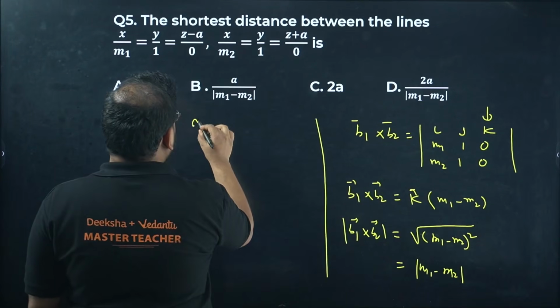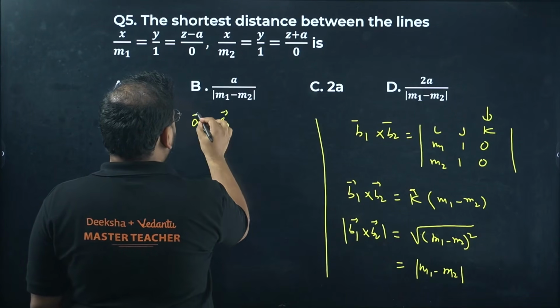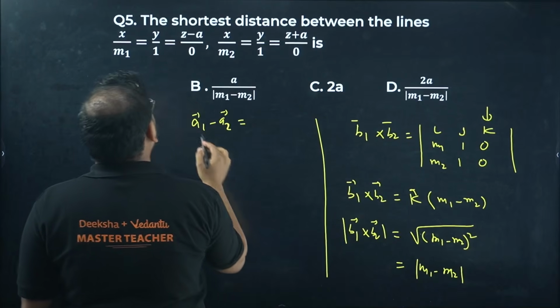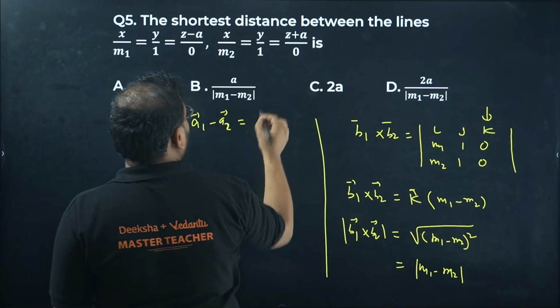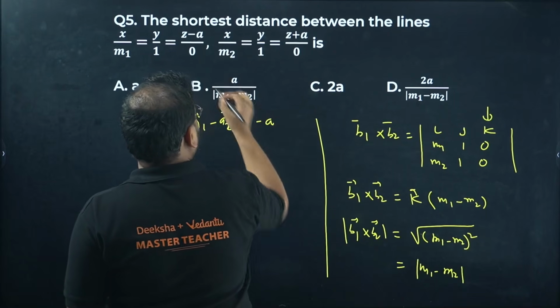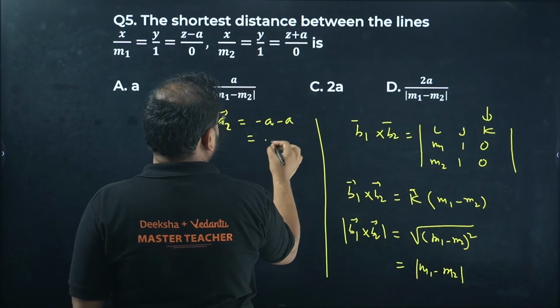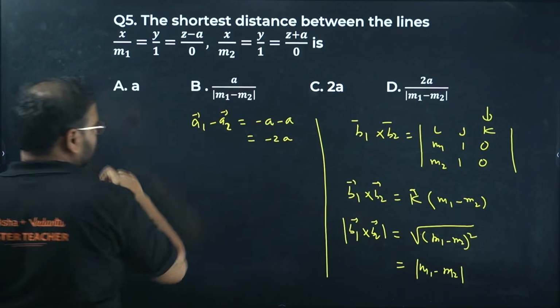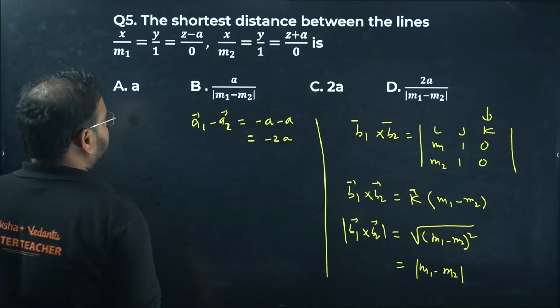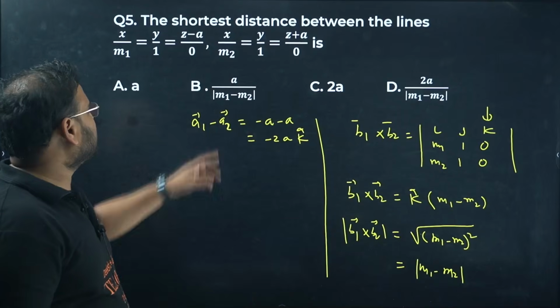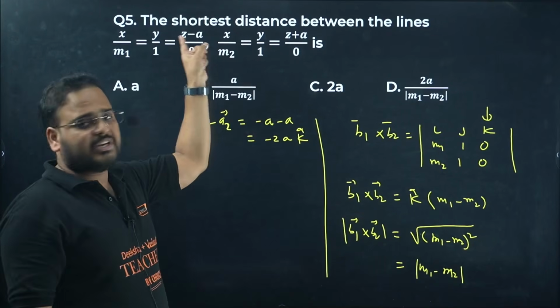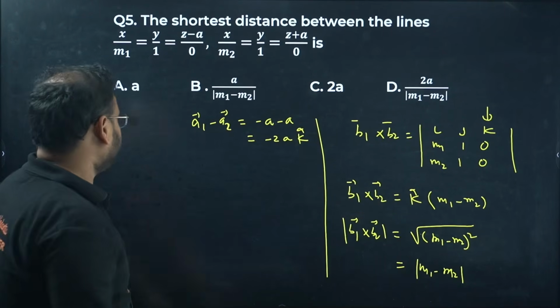Let's find a2 minus a1 now. Check here: 0 minus nothing, so 0 only. Here also 0, and from here we get minus a and minus a. This value is coming as minus 2a. This is your a1 minus a2, again only in the k cap direction, because we have 0 i cap, 0 j cap, and only k cap is minus 2a.